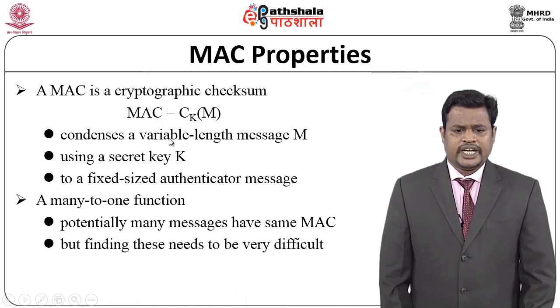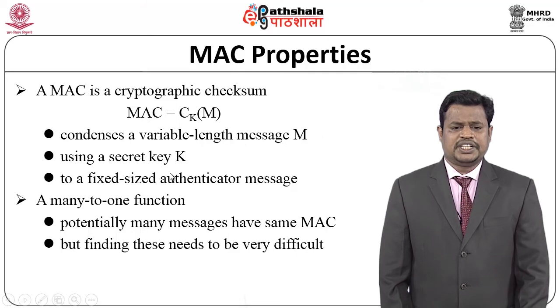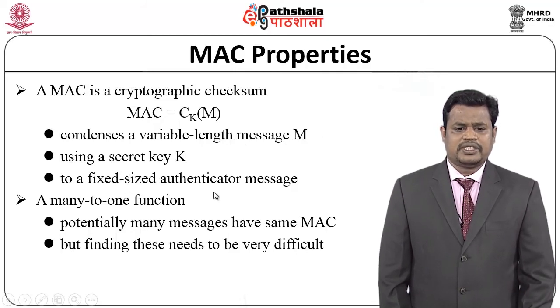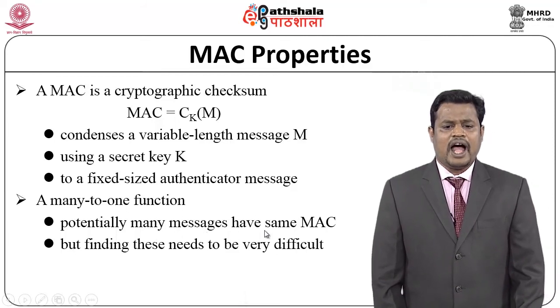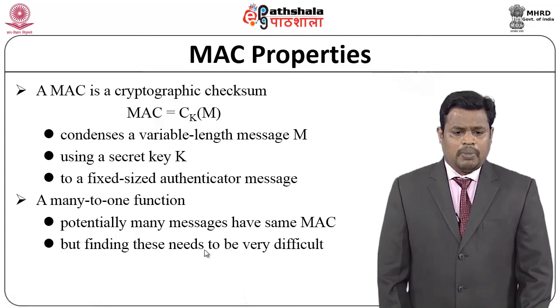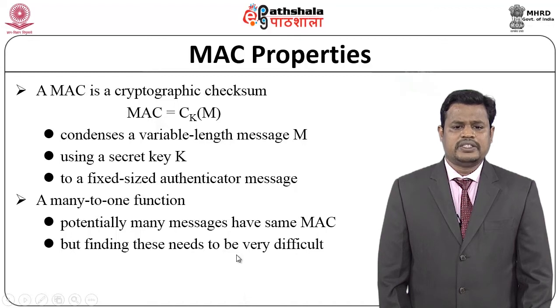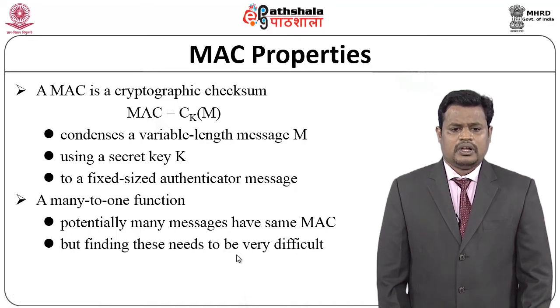So we are taking a variable length message M and a secret key K, and we are able to produce a fixed size authenticator. It is also a many to one function. Potentially many messages can have the same MAC, but finding these needs to be very difficult. Only in very rare cases will we see many messages having the same MAC.